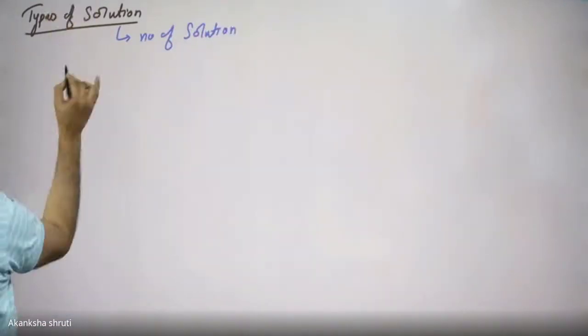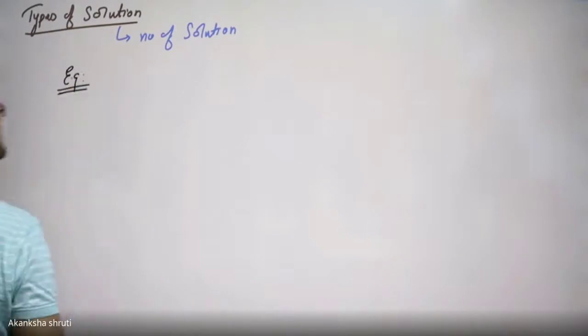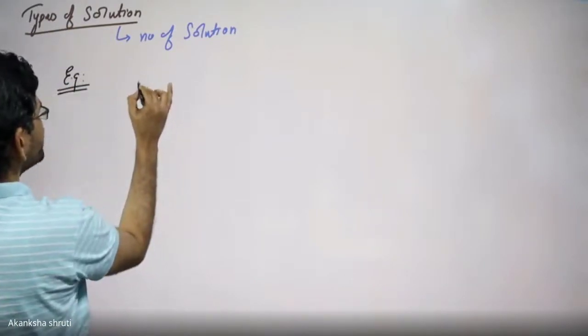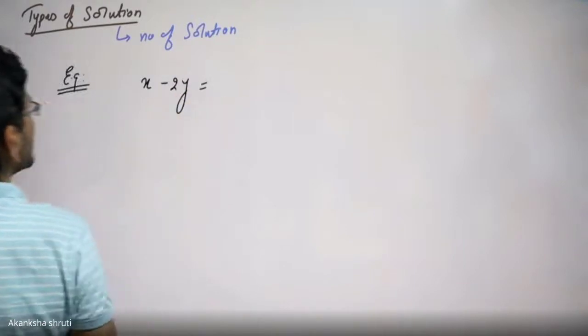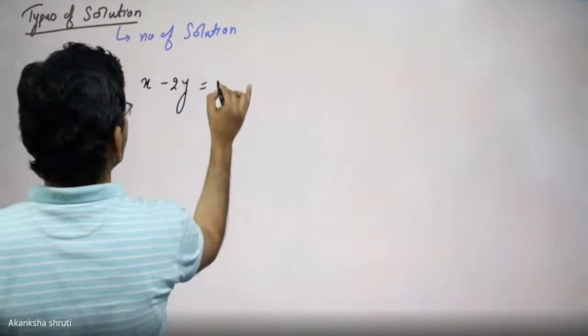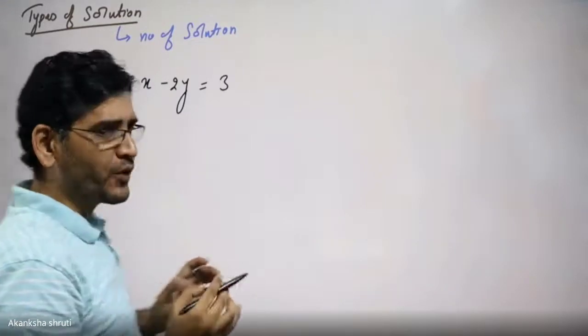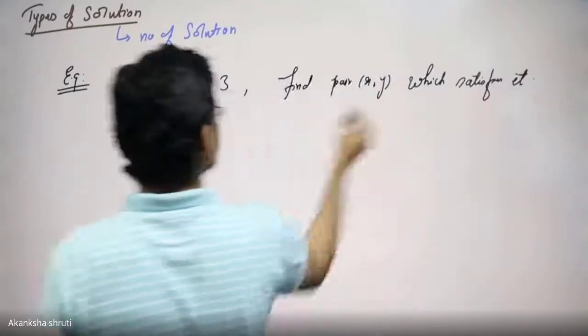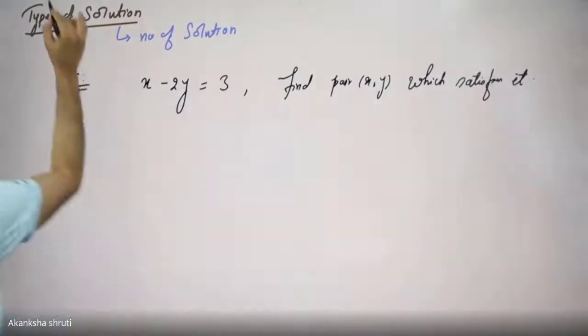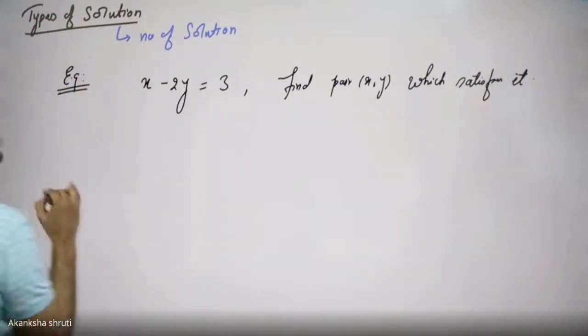Let us consider one example where we have x minus 2y is equal to 3. Then what could be the possible values of x and y? Or we have to find a solution for this. Students, observe it carefully.